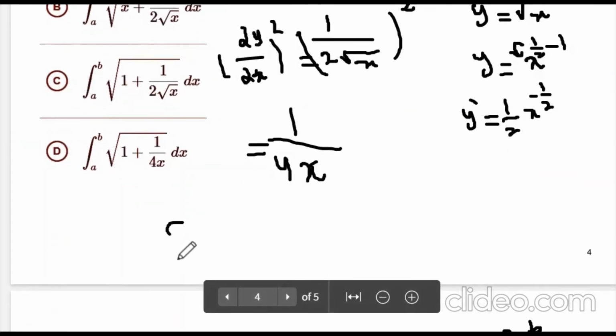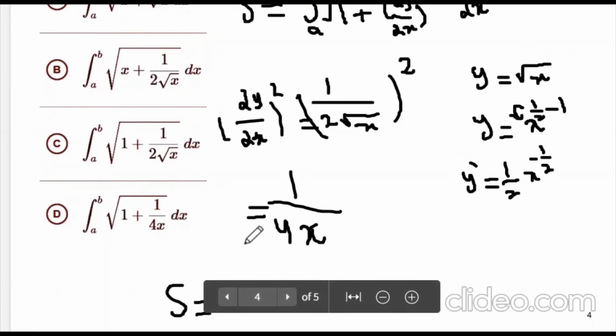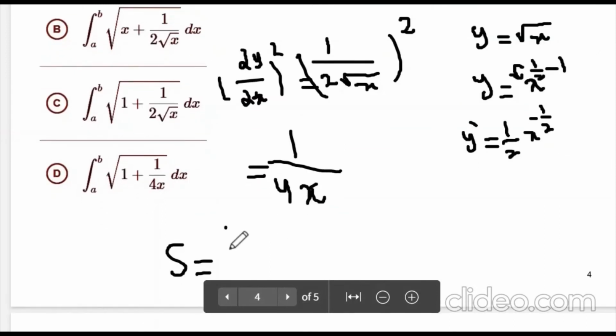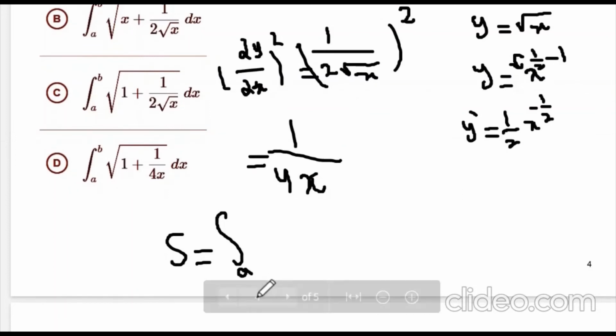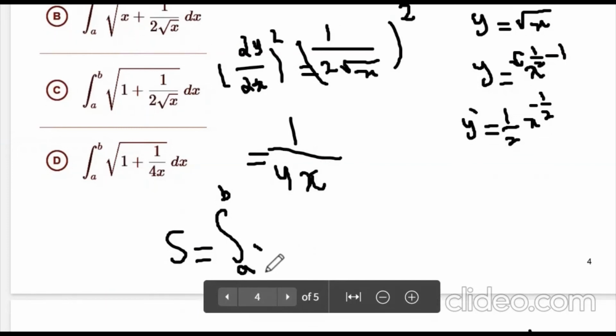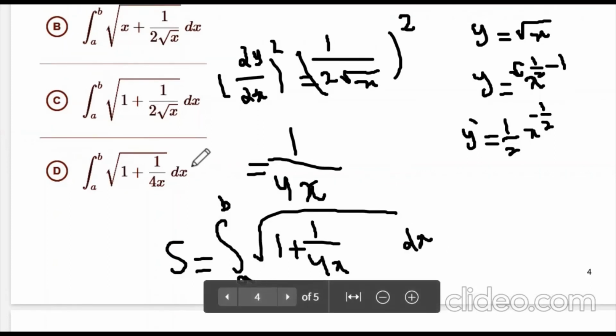So the arc length equals the definite integral from a to b of the square root of 1 plus, as we found here, 1 over 4x dx. So the answer will be D.